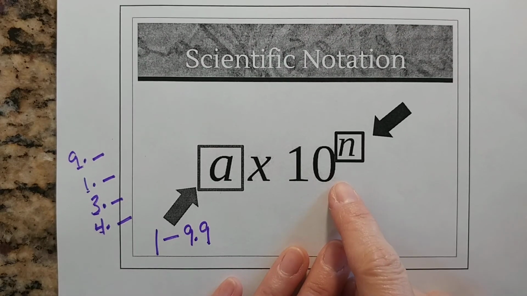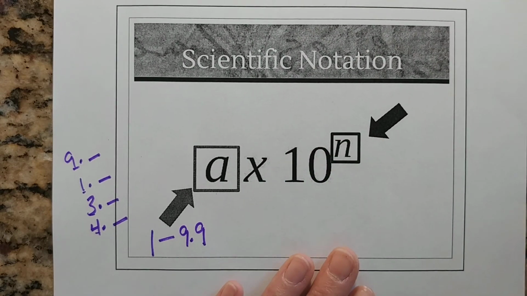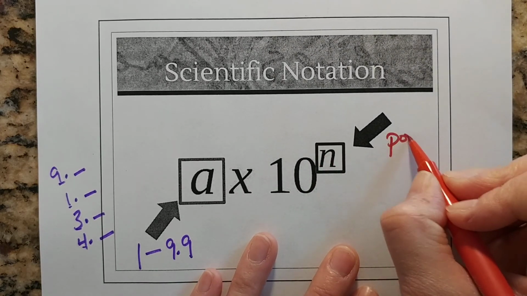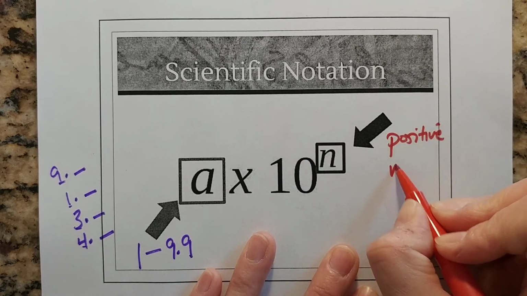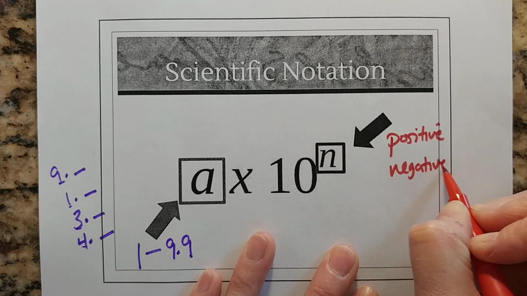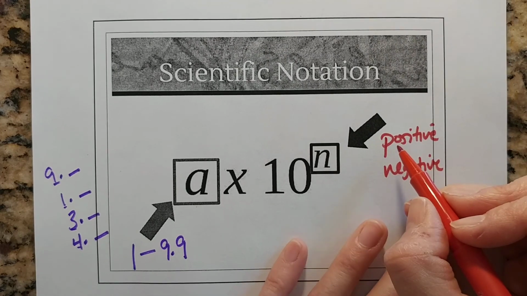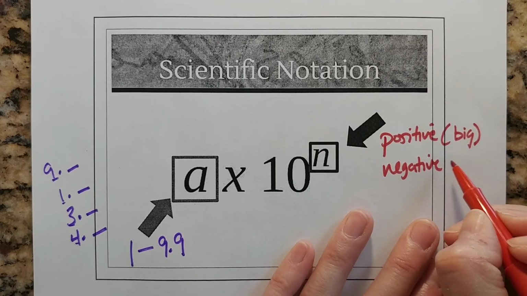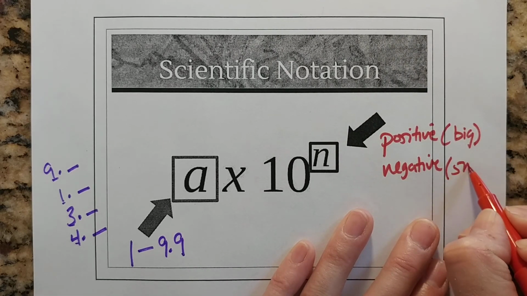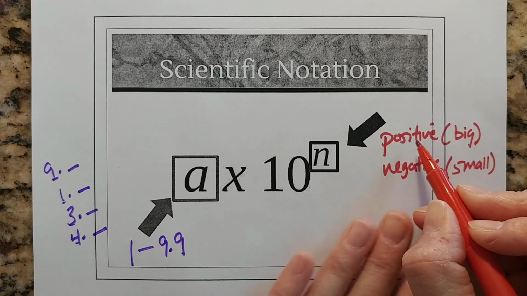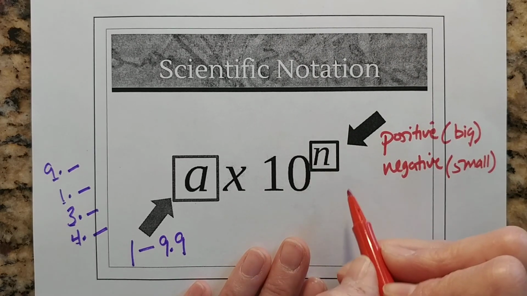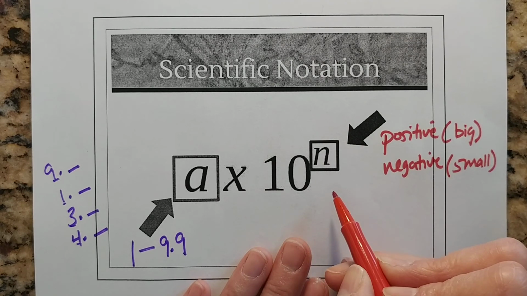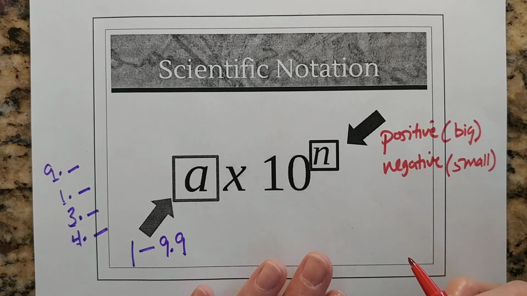All right, then the other thing is the exponent here. Remember, sometimes the exponent is positive and sometimes it's negative. Now, if the exponent is positive, it tells us that it's a big number. And if the exponent is negative, it tells us that it's a small number. Remember, a positive exponent means we're multiplying by 10 times 10 times 10 times 10. And a negative exponent, that's divide by 10, divide by 10, divide by 10, right?